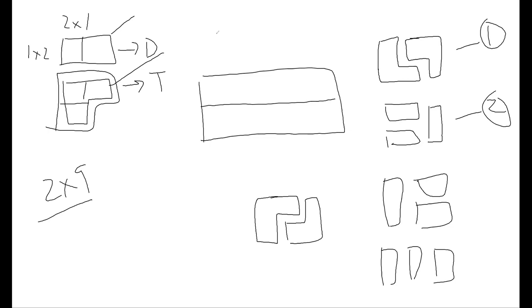So let's assume we remove a domino from here. We are reducing the problem of finding the number of ways from n to n minus 1.